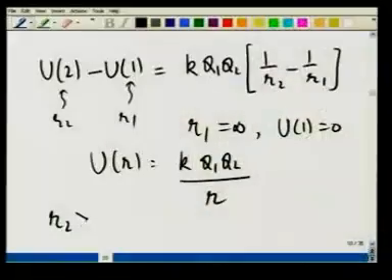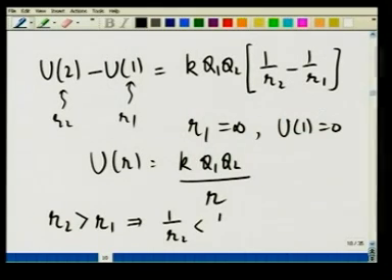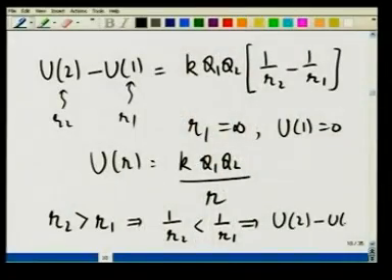Of course, if r2 is greater than r1, that means 1 over r2 is less than 1 over r1. I am moving the body from inside to outside. This implies U2 minus U1 is negative.